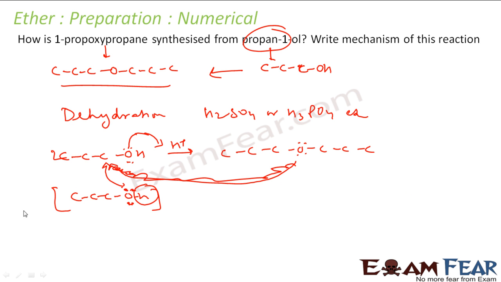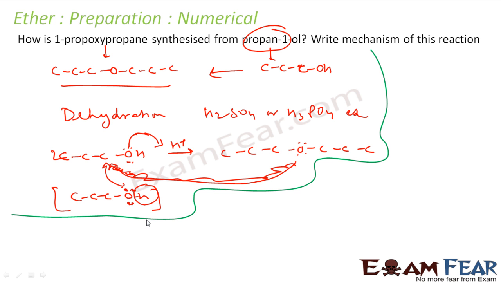So let me write the mechanism in green now. The first step, as I told, is you have this and this, and you have H plus protonation. This will come here. So what you get is this with OH, and oxygen will get a positive charge.